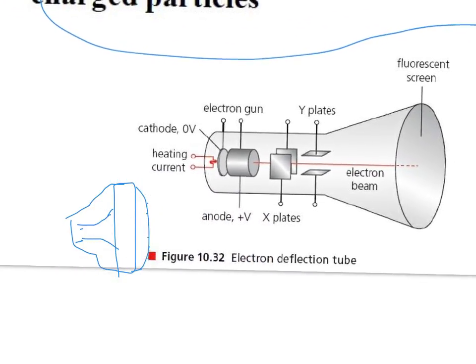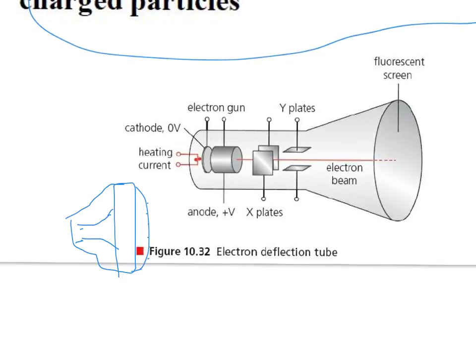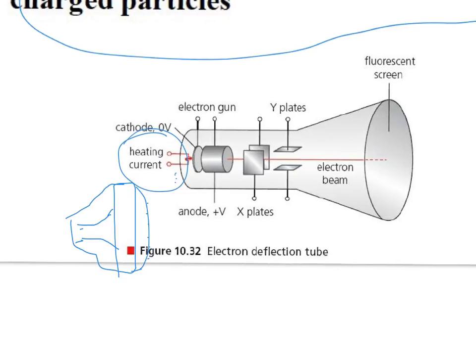We have a heating element here, and what this heating current does in this wire is excite some electrons, and excite them a lot. So they're pretty much just loose, hanging out on that wire, ready to be attracted by something. Here you can see an anode, which is positive, and that rips away those electrons from that wire.